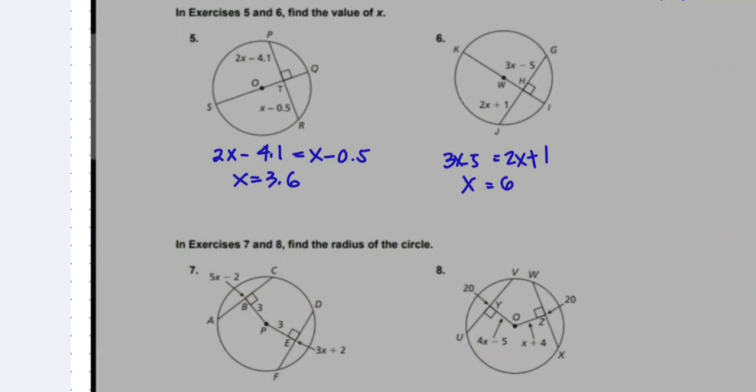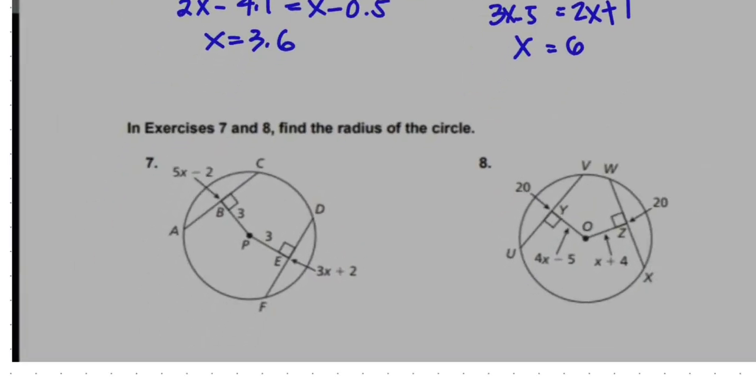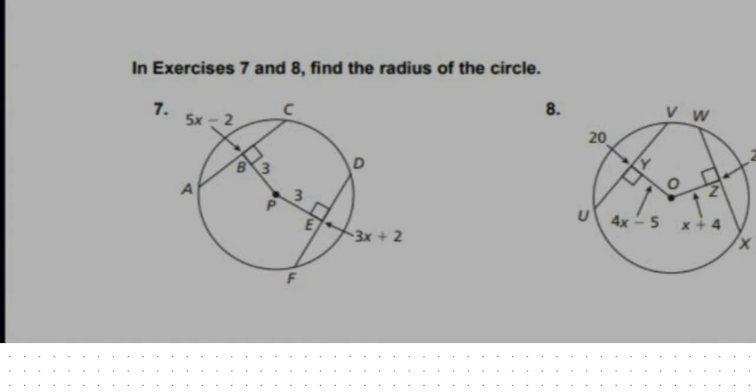And then for number 7 and 8, find the radius of the circle. We're given the chord and the distance from the center, that is 3. So we need to find the radius. The radius is this one.